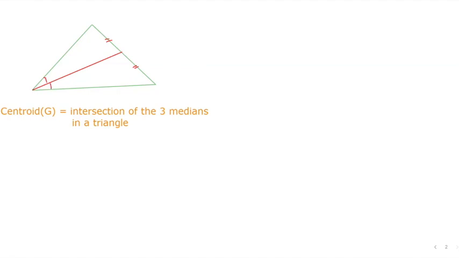That's a median. You're fine with median, right? It's a basic concept. And similarly, from the other two sides, you can draw a median as well. So three medians meet at a point called G.